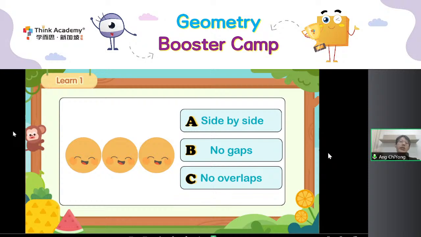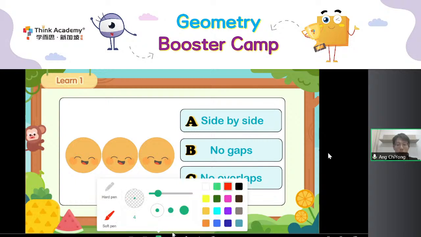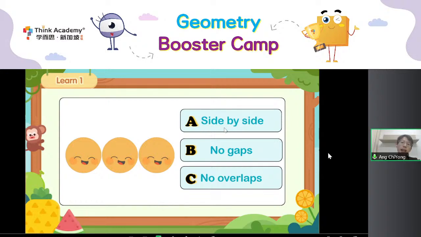Now let's take a look. We learn about what is tiling, what is not tiling. I have three Mr. Circles. Is this tiling? We need to check. Look, we have A, B, C over here. A says it's side by side. Okay, this is side by side, very good. B says I should have no gaps. But are there any gaps here?